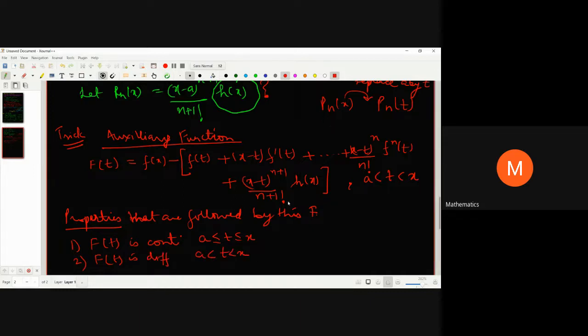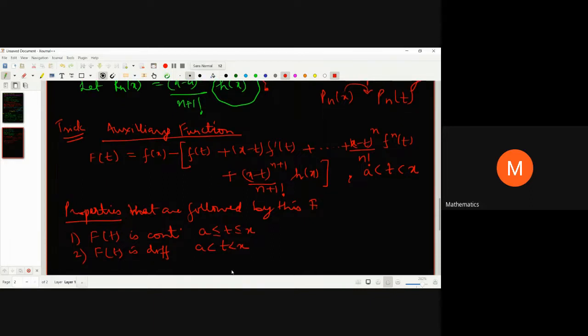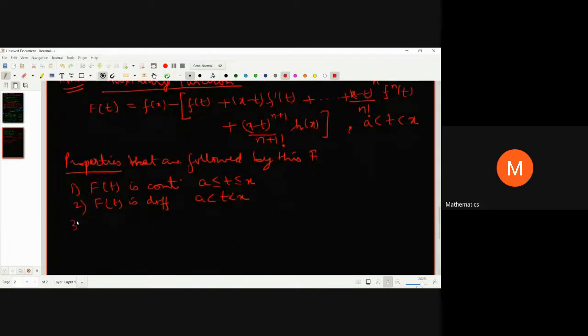We can very well see this, because it is built from polynomials, which are continuous, and f(x) by hypothesis was continuous. Further, we observe that F(a) is equal to 0 and F(x) is also 0.